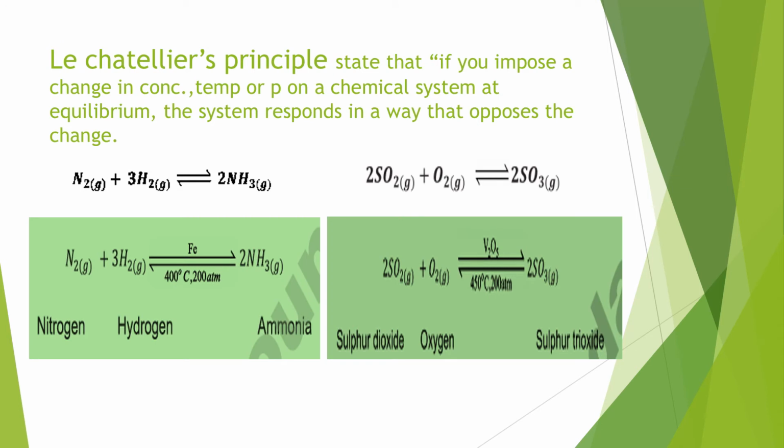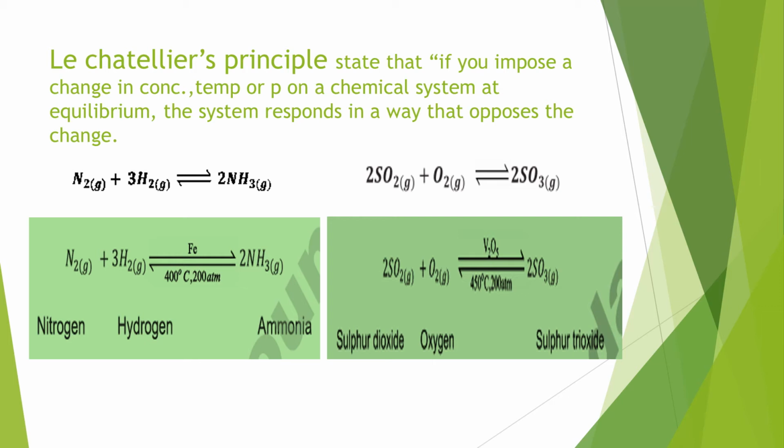What is Le Chatelier's principle? Le Chatelier was a scientist who first found out the effect of different changes on this equilibrium expression, and according to him, if you impose a change in concentration, temperature or pressure on a chemical system at equilibrium, the system responds in a way that opposes the change.